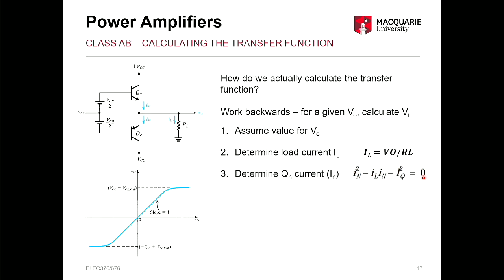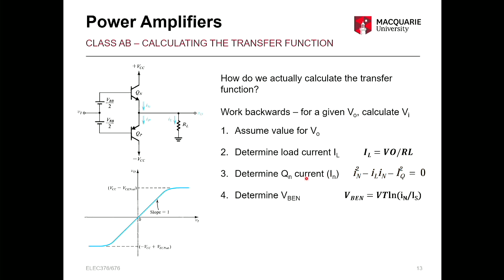Using that, you can then determine the current IN. That's the quadratic that we just went through, and if you solve that quadratic, you can get to the equation. This, of course, needs knowledge also of IQ, which is normally going to be given to you or can be calculated if you know your VBB.